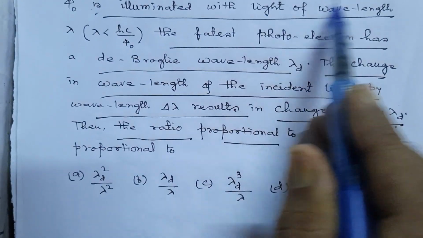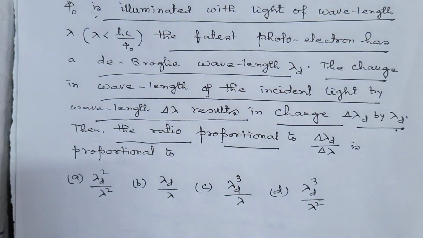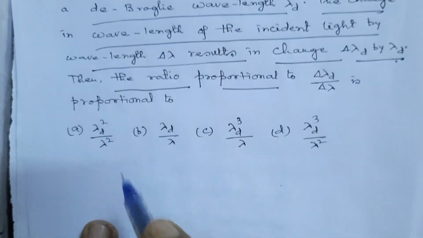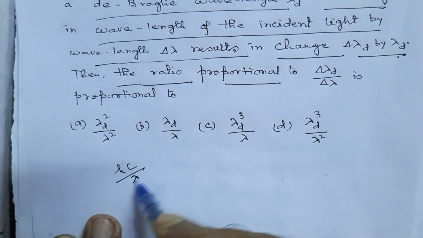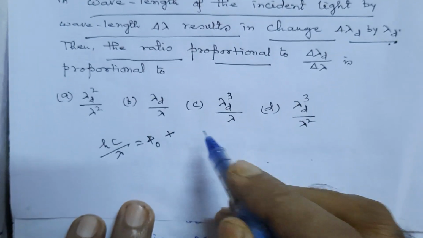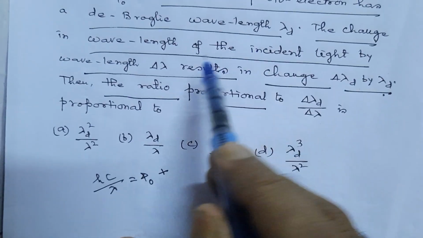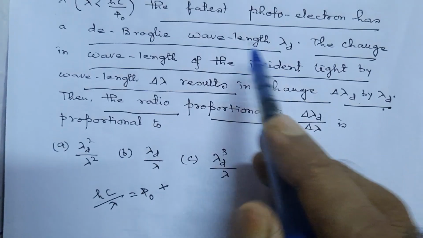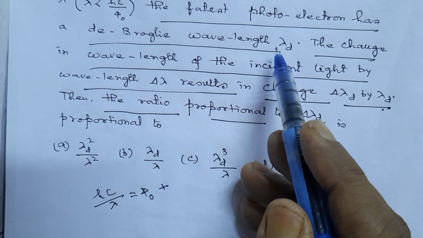Let us see the first equation. We have light of wavelength lambda incident on the surface. So the energy of the photon, hc by lambda, equals what? Phi0 plus kinetic energy, but we have to express it in terms of momentum because we are to switch over to the de Broglie wavelength.